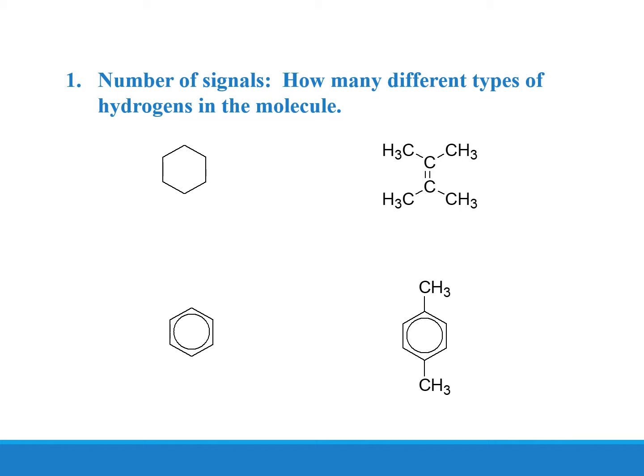If you go to the right side, for instance, 2,3-butene, all the methyl groups have the same environment, because we are talking about protons.